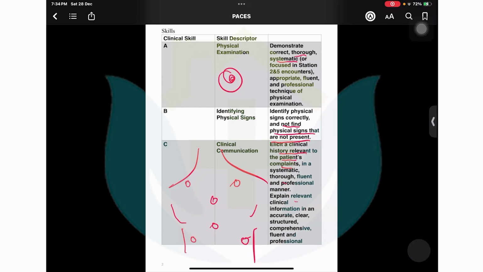Like headache, you tell them, may I ask you, because the headache can be a remnant of a past accident, or because some people have PTSD, they might have been involved in a fight where they were hit on the head by a cricket bat.